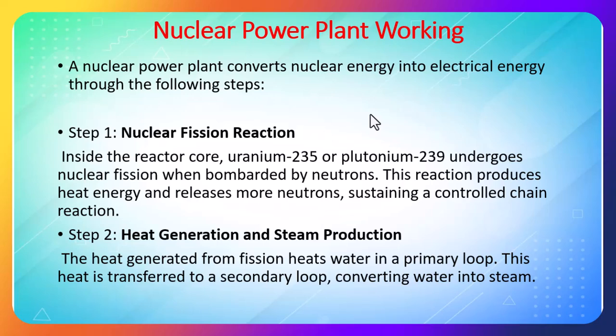Then nuclear power plant working. A nuclear power plant converts nuclear energy into electrical energy, we all know. Step 1 is the nuclear fission reaction. You have to start your reaction. Inside the reactor core you will take uranium 235 or plutonium based upon availability.